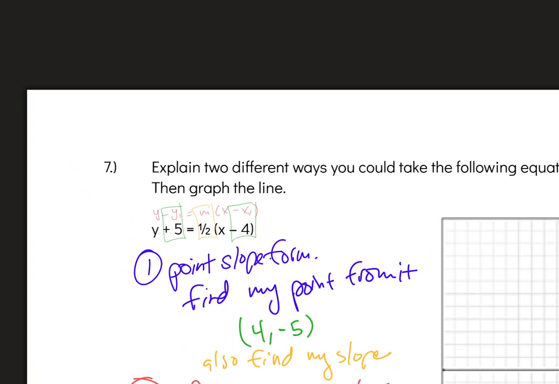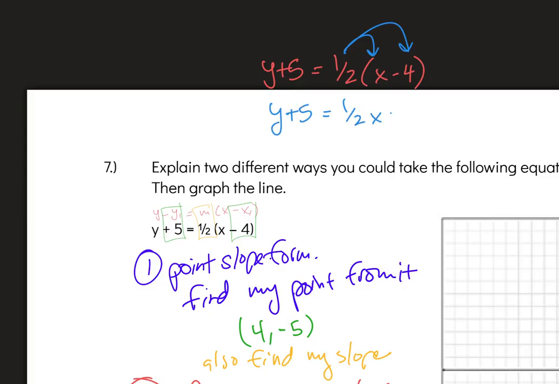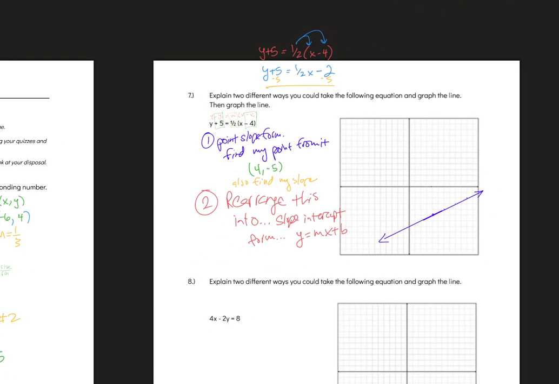Hang on, I'll do it up here. Y plus 5 equals 1/2 times x minus 4. I would distribute the 1/2 to get y plus 5 equals 1/2 x minus 2. And then I would subtract 5 to get y equals 1/2 x minus 7.